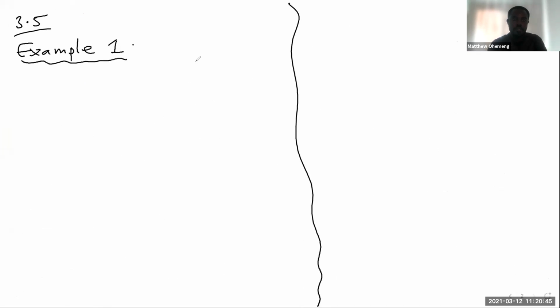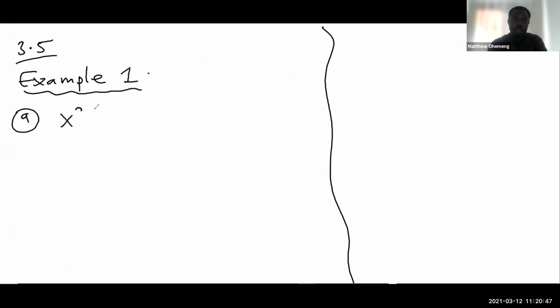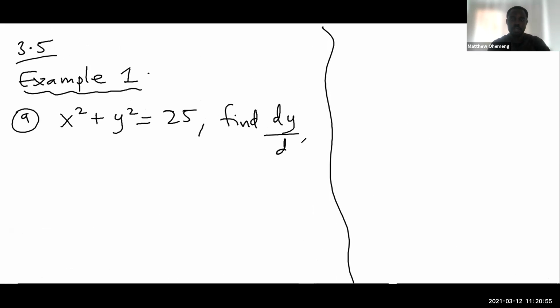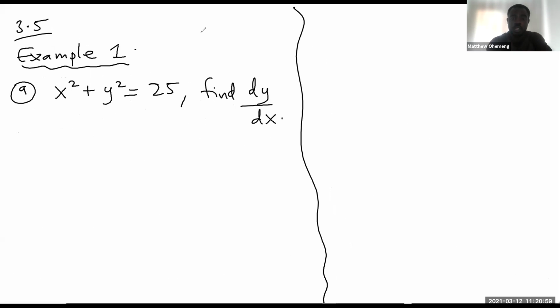Okay, so we have x squared plus y squared equal to 25, and you have to find dy over dx. If I have not already done implicit, what I'll do is approach 1. Please, you won't be using approach 1, right? I'm just showing you so that you can understand why we do the implicit.